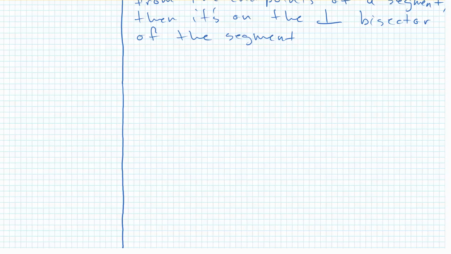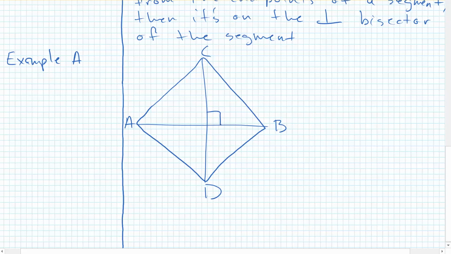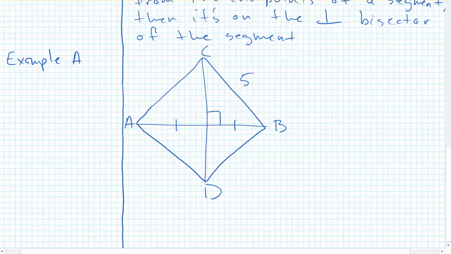Now, well, let's do an example. We'll call this example A. Now, if we have a diagram that looks a little bit like this, and we know that that's a right angle, and we know that those are the same, trust me, and that this has a side length of 5, and that this has a side length of 6.